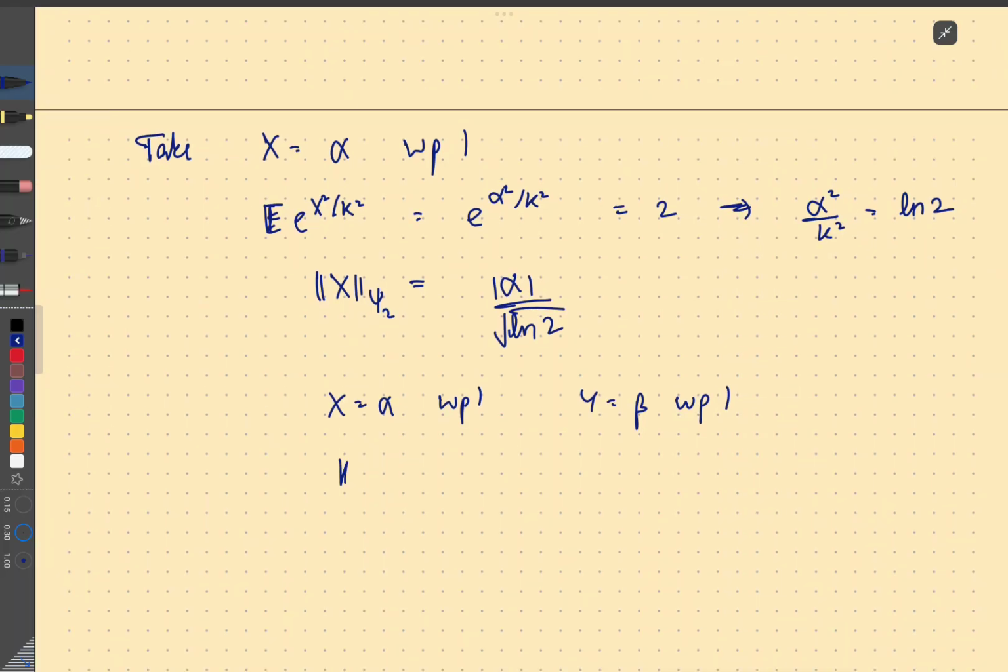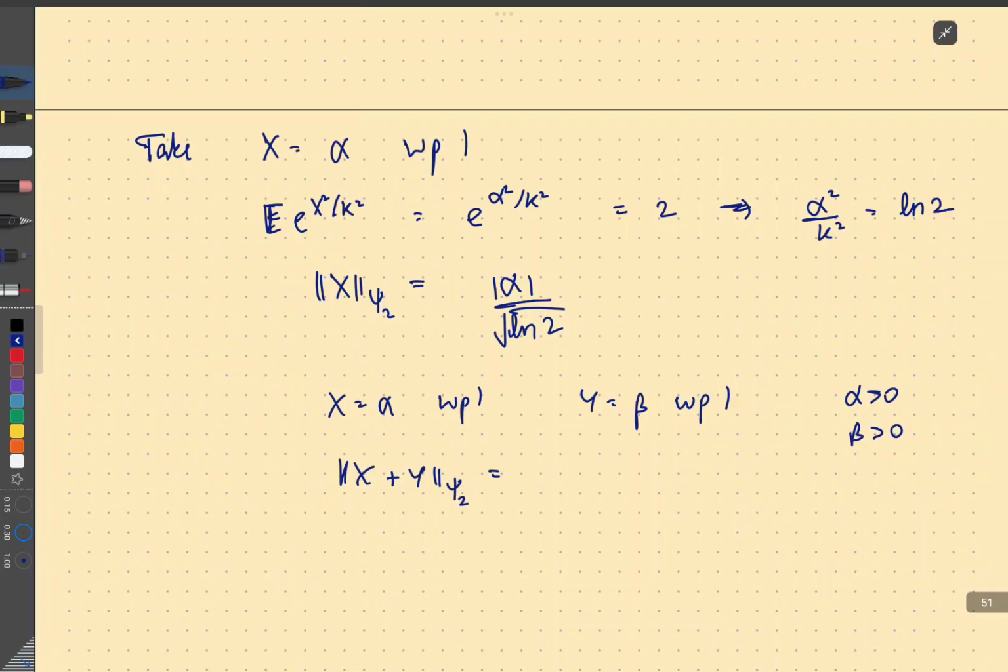What can you say about the Subgaussian norm of x plus y? Less than or equal to the sum of the Subgaussian norms. I know, but in this specific case, what will it be equal to? What is x plus y? Let's assume that alpha and beta are both positive.